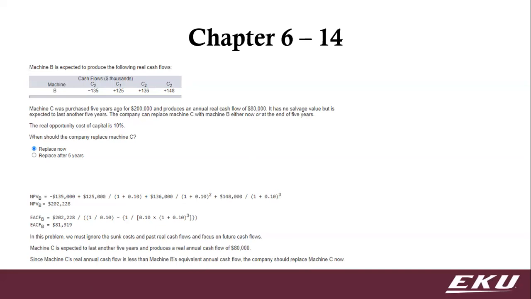So if it's worth more than the other thing, you just switch. I know it means we'll have this machine. It's still good. It could still work, but we're not going to use it because the other one's better, right?